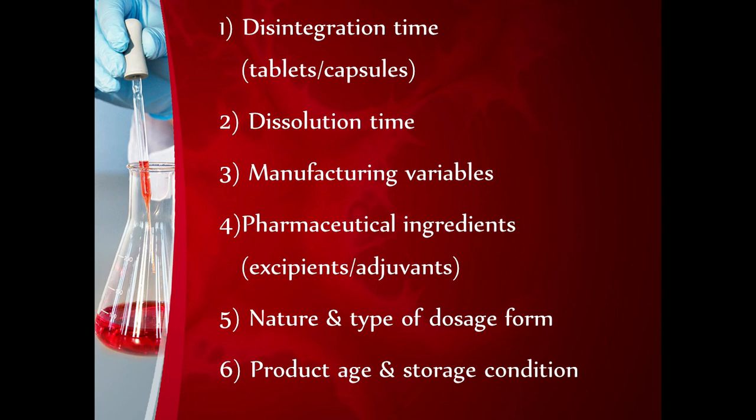Then pharmaceutical ingredients, whatever ingredients you are using, also called adjuvants or excipients. Then nature and type of dosage form, whether solid, semi-solid or liquid, that also plays a vital role in drug absorption. And lastly, product age and storage condition: how old your product is and in which storage condition we are storing that drug will also alter the drug absorption.